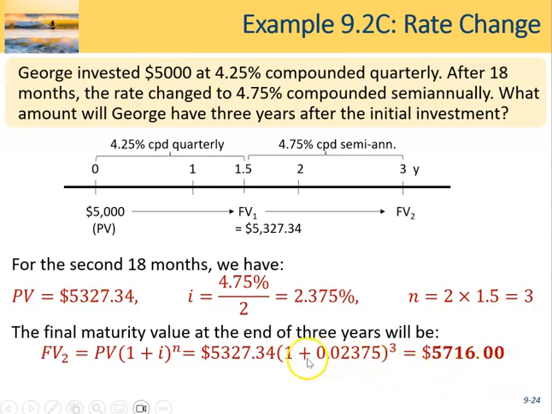Once we multiply this out, you have 1.02375, then remember to use the YX button and put 3 as your exponent, enter, multiply that by your 5,327.34, and that gives you the future value of 5,716. And you can see here that the final value is 5,716.